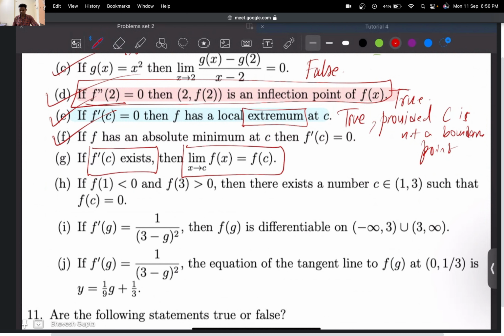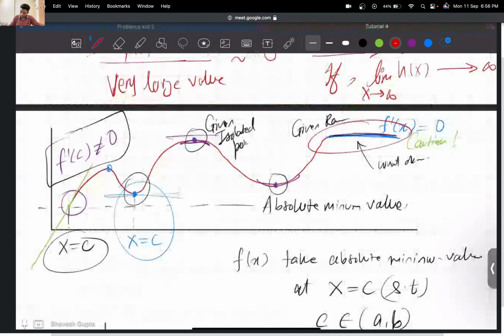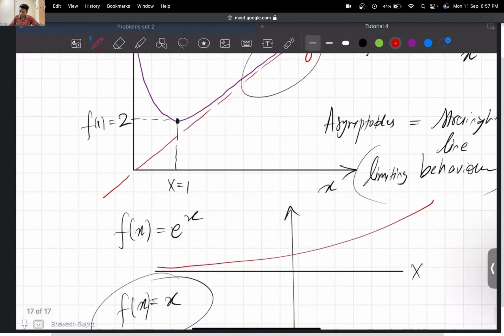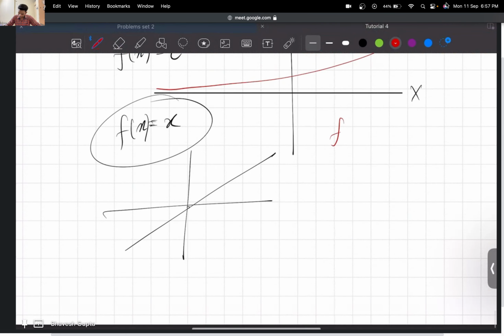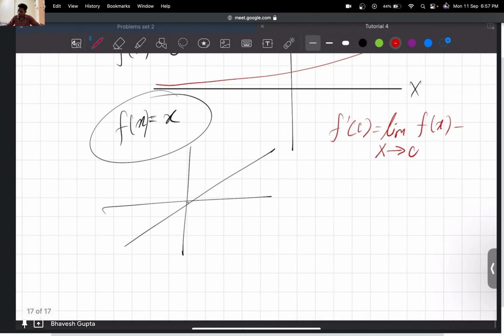That's an interesting question, because now I'll use one of the definitions, that f dash C is nothing but the limit as x tends to C of f of x minus f of C over x minus C. This is one of the definitions, right?